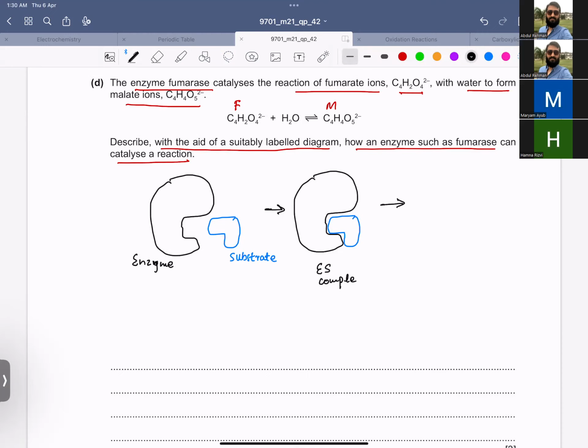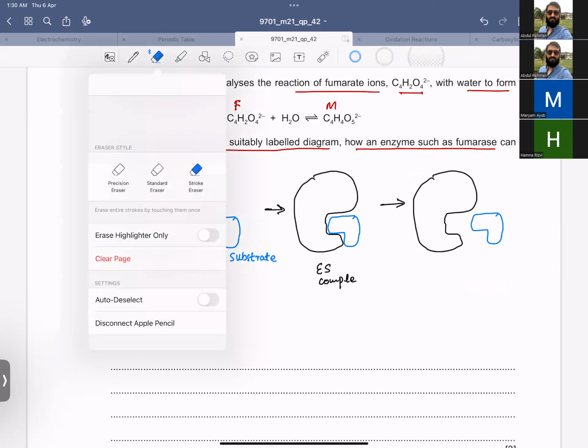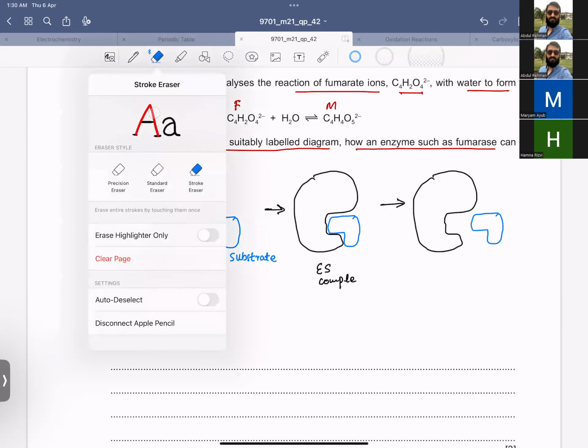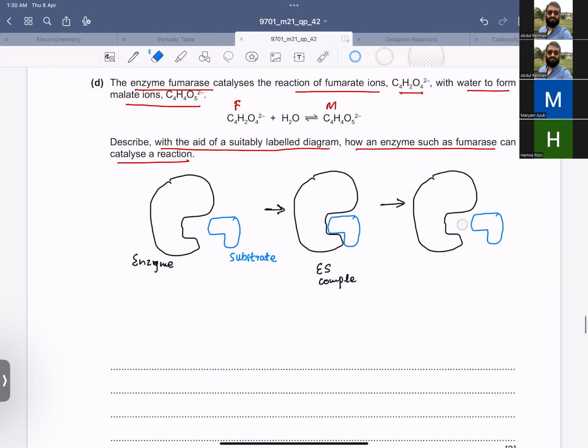And then we show in the third stage that our reactant or the substrate is separated, and it is actually changed into other products like this.